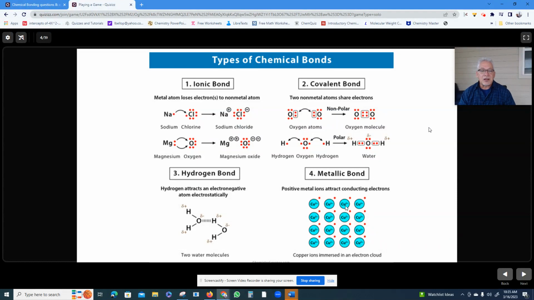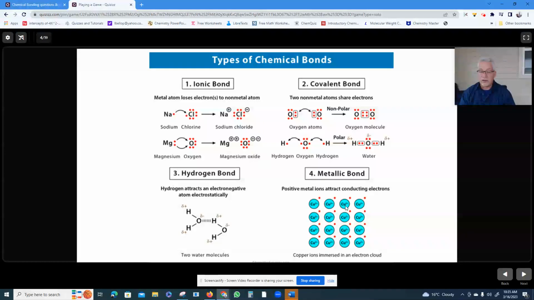There is a fourth one, the hydrogen bond, that I didn't mention at the beginning of the slide when I said we identified three main types of chemical bonds: ionic, covalent, and metallic. The reason I didn't mention hydrogen bond as a typical one is that not many molecules have hydrogen bonds.